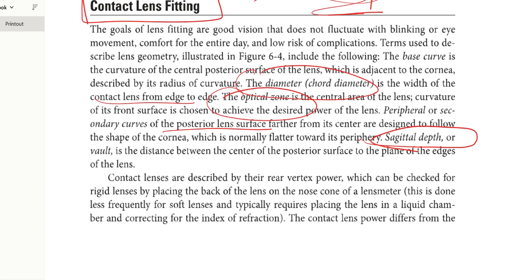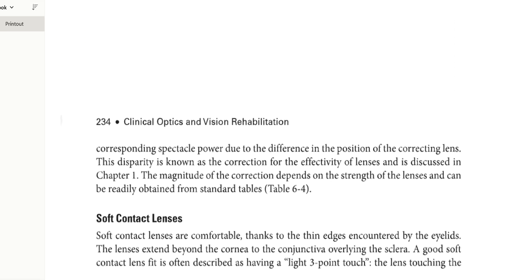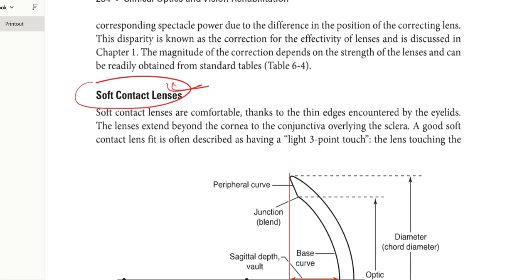Here is a very important point written: contact lenses are described by their back vertex power. This is an MCQ. Soft contact lenses. All these are the points about soft contact lenses.